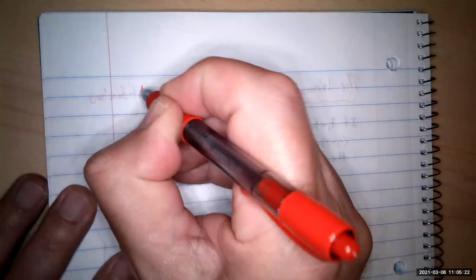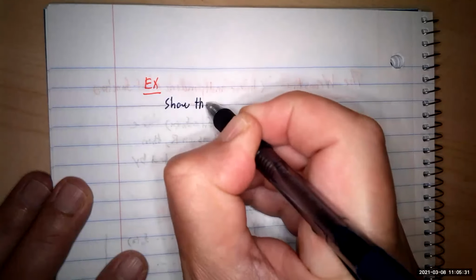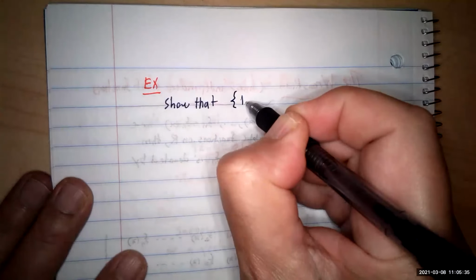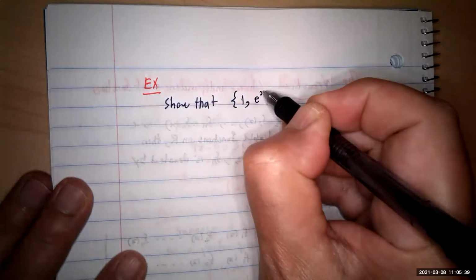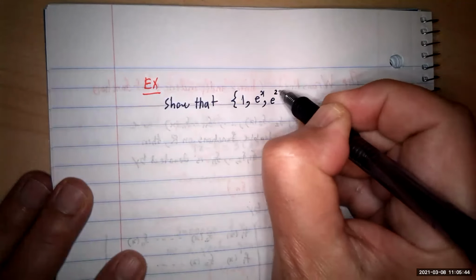Okay, so there you are. We are going to ask you, for example, to show that this set 1, comma, it's coming from differential equations, so it's either a trigonometric function or an exponential function, nothing else.